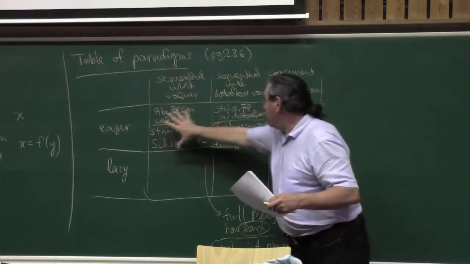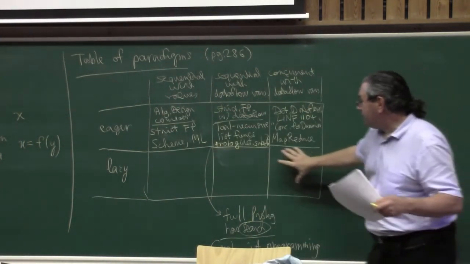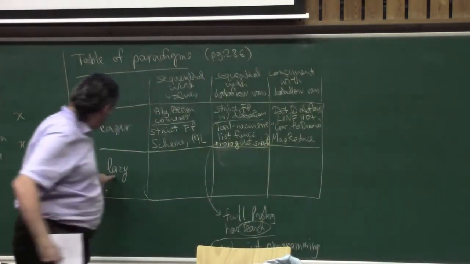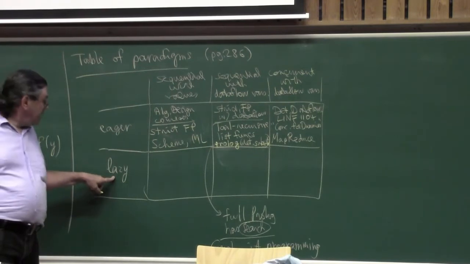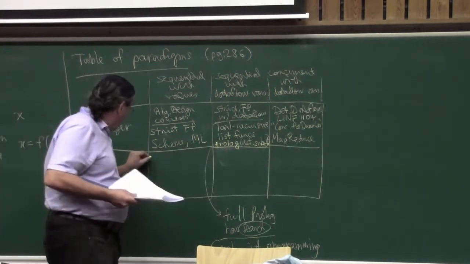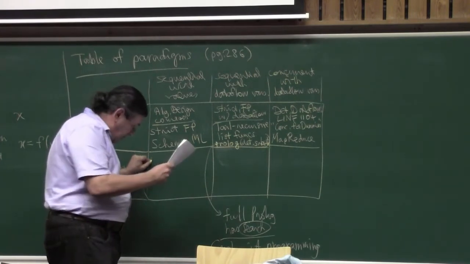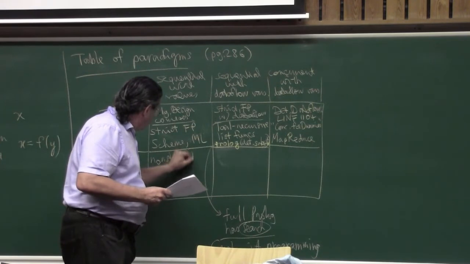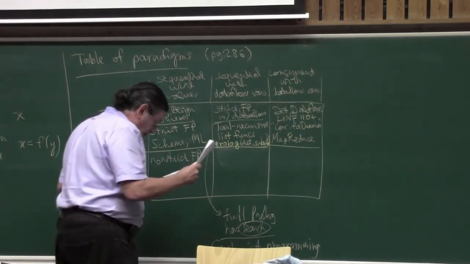So now this is all the eagers. Now let's look at the lazy guys here. So if we add lazy evaluation in a sequential language, then we have what's called lazy, sometimes called non-strict functional programming.